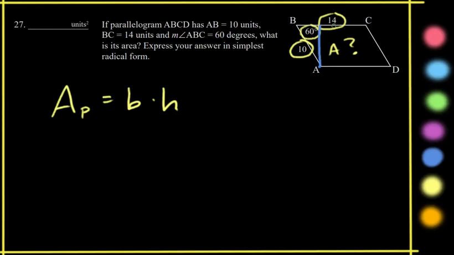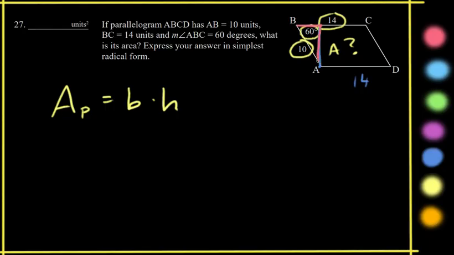Now the only problem is we don't have the height yet. We need to find the height. And how are we going to do that? Well, we know this diagonal distance is 10, and we know that this base here is 14. So what do we do next? Well, fortunately, this is a 60-degree angle. And so we have what's called a 30, 60, 90 triangle here.